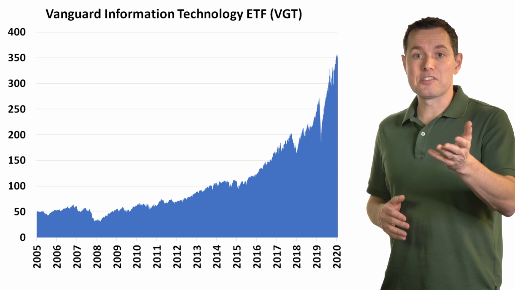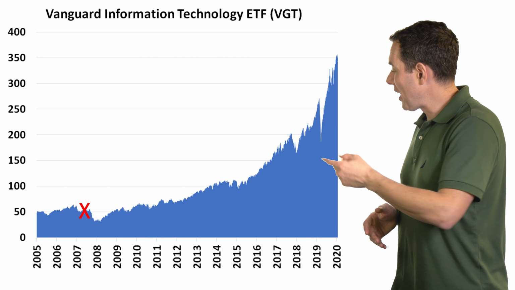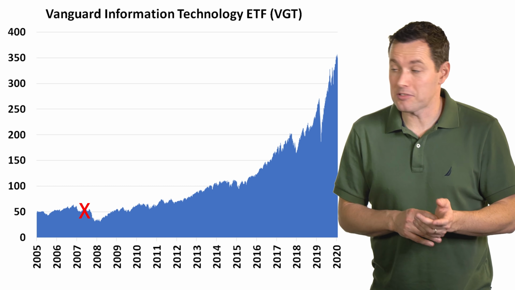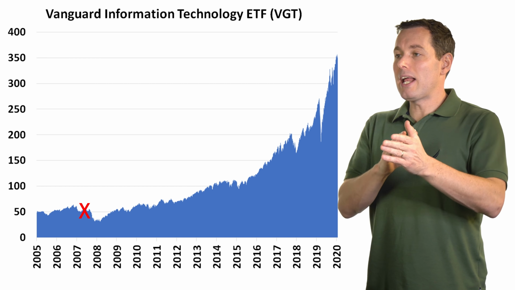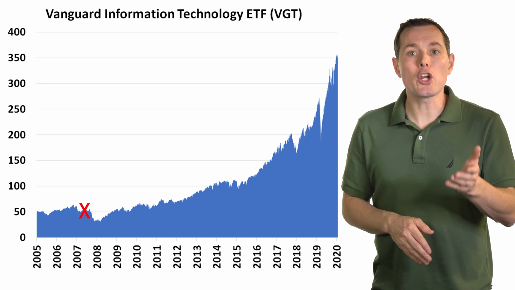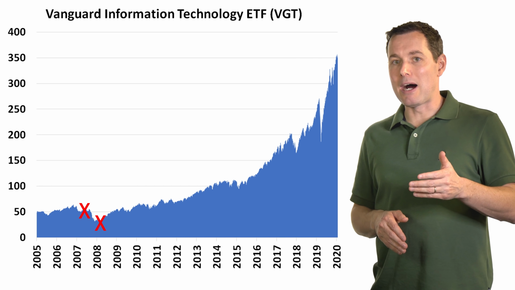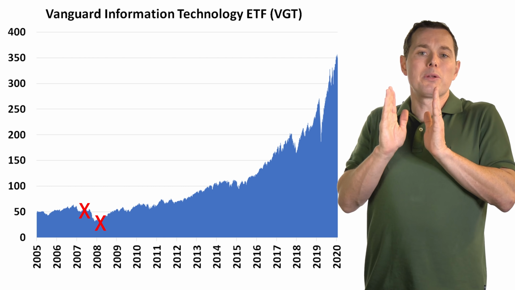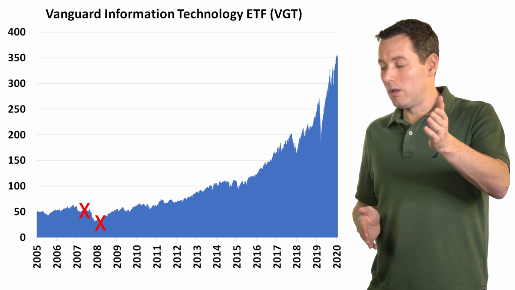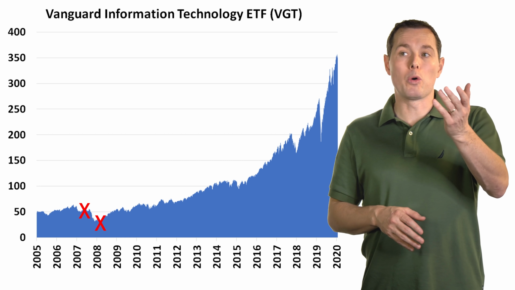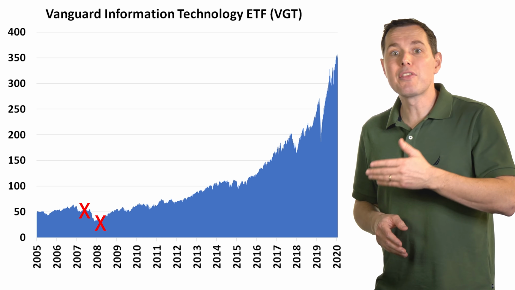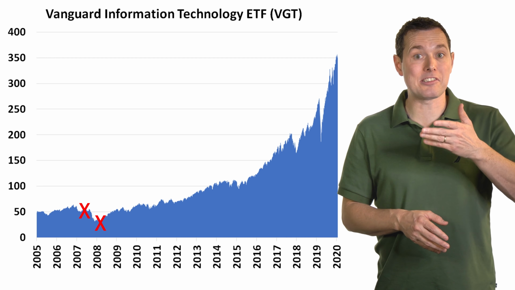So if whatever the multiple is was 20x down here at the financial crisis, back in 2008, let's pretend that as time went on, earnings fell the same amount as the price. The two of them fell side by side. Well, if the two fall side by side, you would end up with a price to earnings ratio or price to free cash flow ratio of the same amount. So you might end up with 20x still.